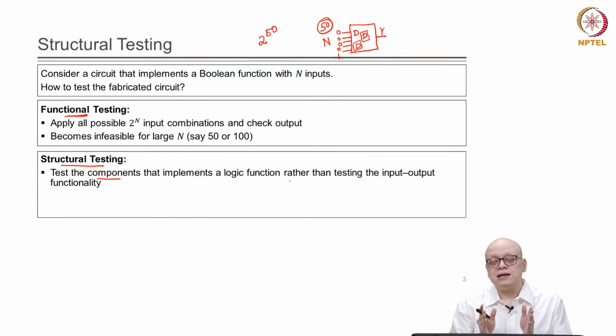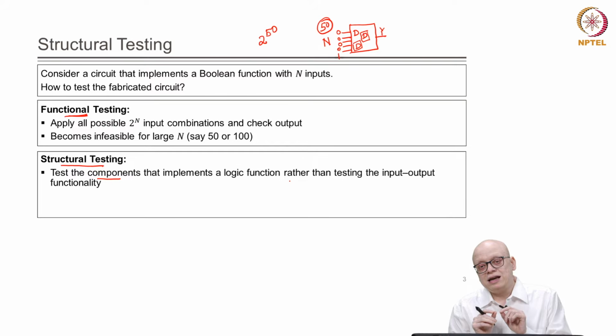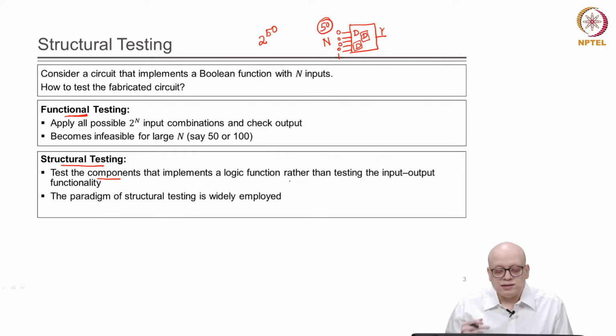In structural testing, we are not testing the output behavior of our circuit. Rather, we test each individual component in our circuit, and if the individual components are found to be good, then we say that our circuit is passing the manufacturing test. The paradigm of structural testing is widely employed in manufacturing test in VLSI, in the semiconductor industry.